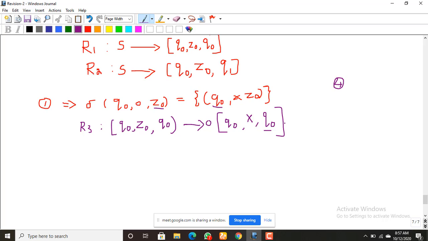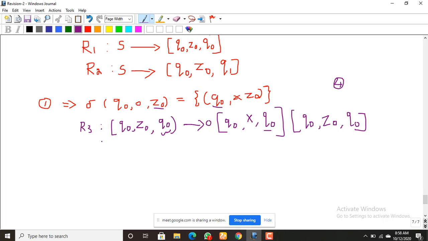It ends with Q0, so again it starts with Q0. Again it starts with Q0, this case for X and this case for Z0, and it ends with Q0 only. These are some tips to remind you of such things.